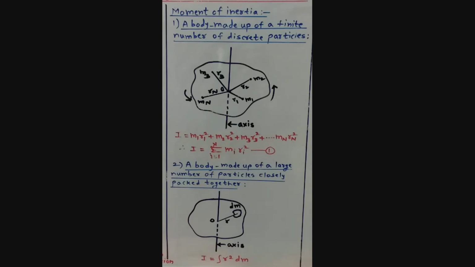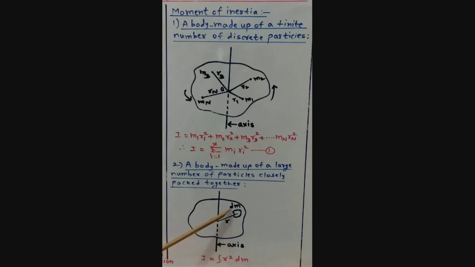Now, if a body is made up of a finite number of discrete particles, that is an n particle system, then its moment of inertia can be determined by using equation number 1. However, if the distribution of the mass in the body is uniform and continuous, that is a large number of particles closely packed together, then the body can be considered to be made up of a large number of small elements.